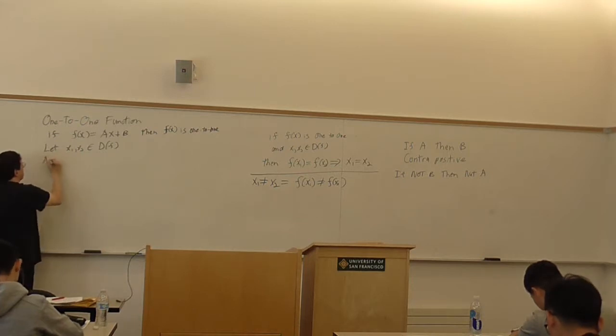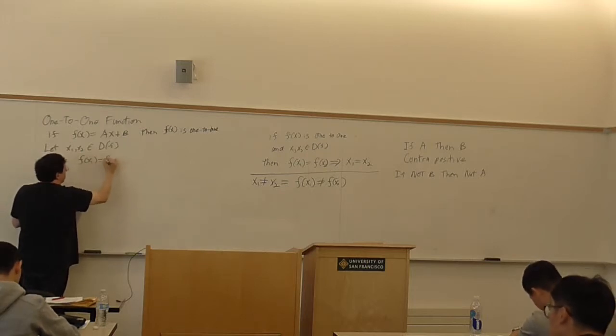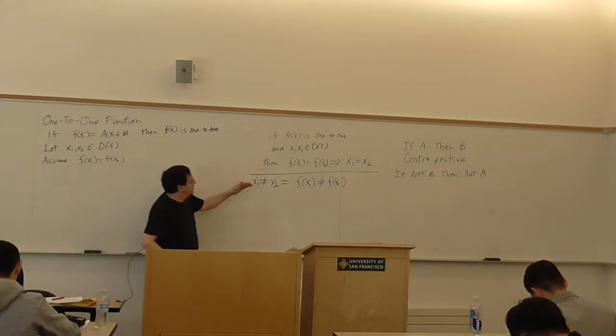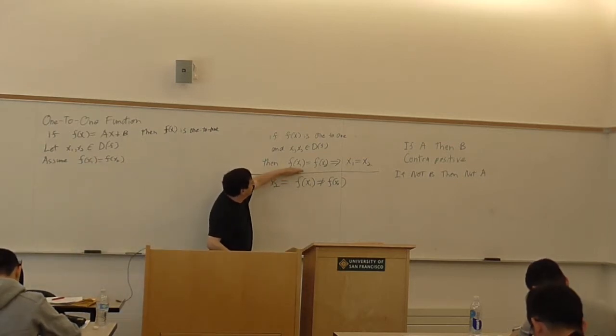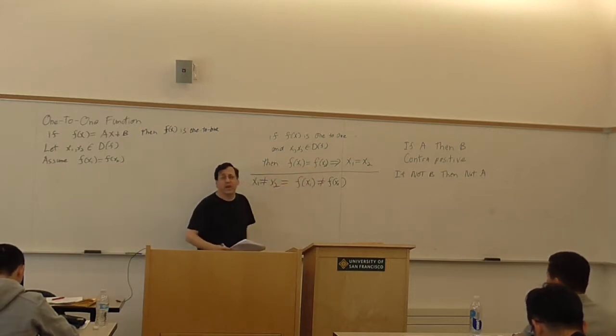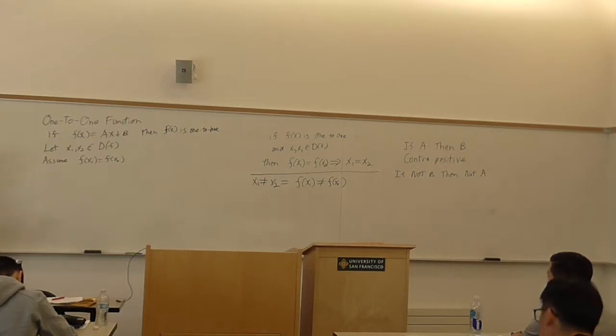And assume f of x1 equals f of x2. So that's the implication part of this. I'm going to take this and try and show you that x1 and x2 have to be equal. Okay? It's not really very hard.